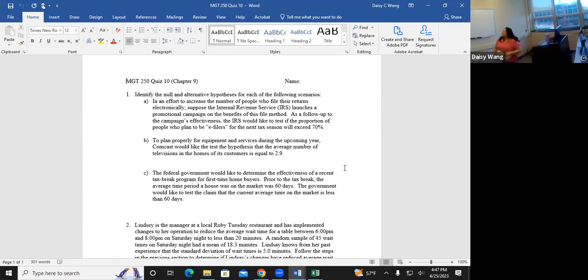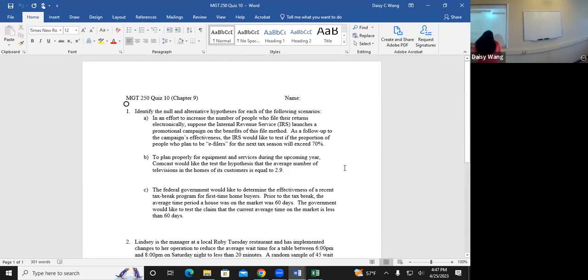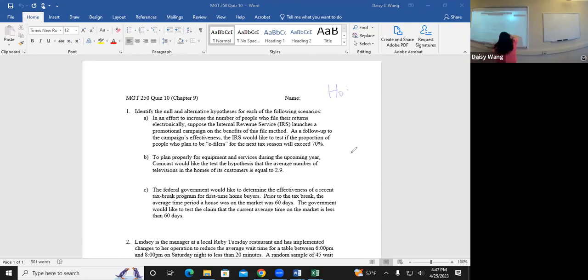So what do we say about the null hypothesis? The null hypothesis has to have an equal sign, right? The proportion of people that e-file, because they want to test if it will exceed 70%, so the status quo is it's less than 70%.